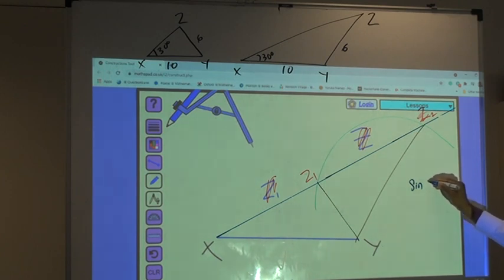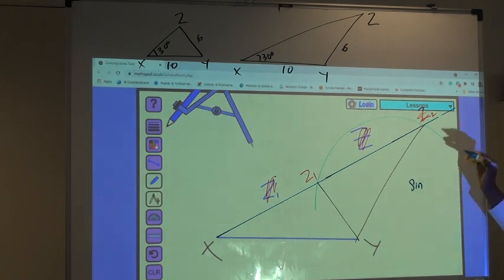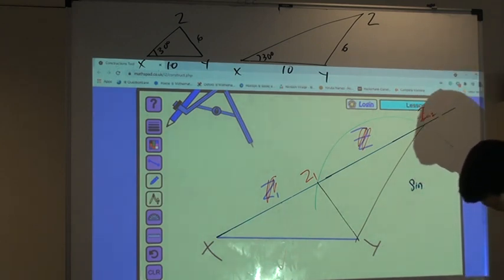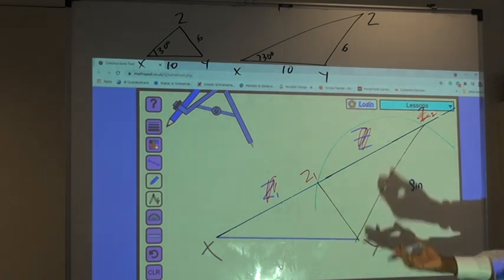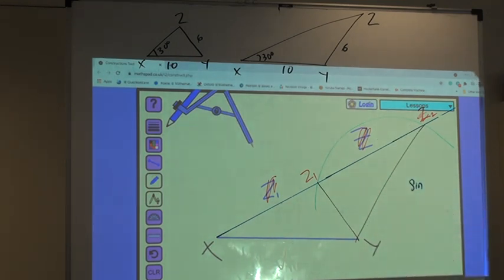Sine angle, just use a letter, please. Angle. Gosh, what is going on today? Angle X. You did sine rule yesterday, guys, and the day before. When did you start writing sine 30 over something? Is that how I tell you to start a solution? What is the first thing I expect you to tell me? Write down the formula.